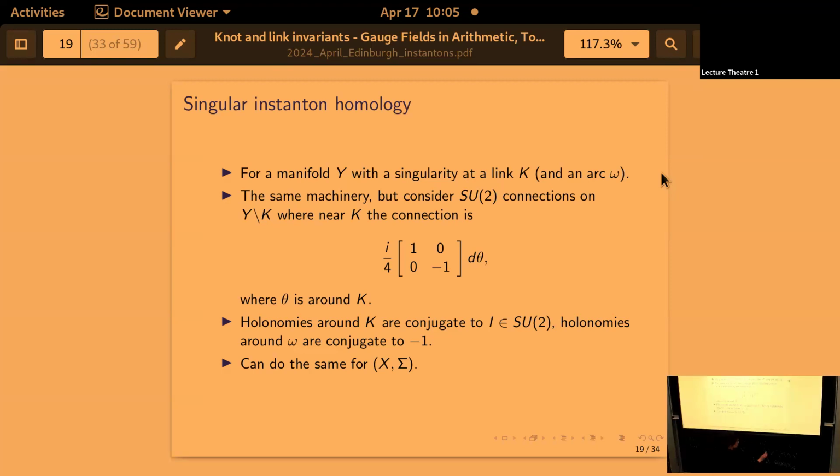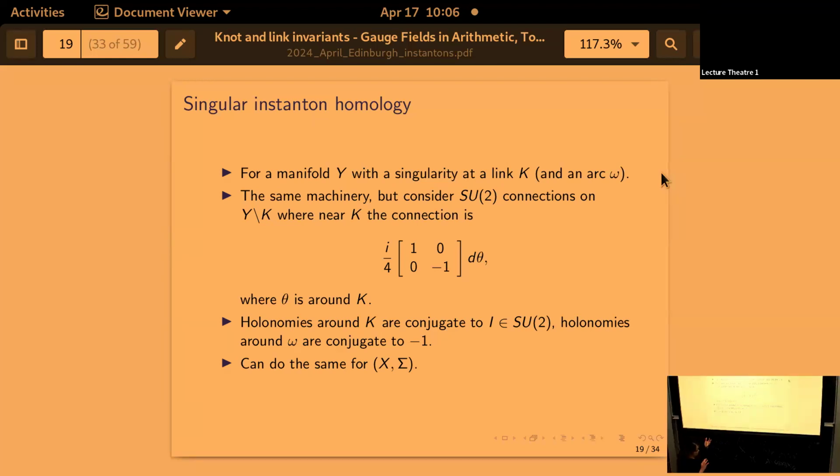SU2 you can think of as S3 sitting in the quaternions, the unit quaternions, and the unit sphere in the IJK direction is basically the sphere of things which are conjugate to I. The idea is that your holonomy around K is going to be conjugate to I.